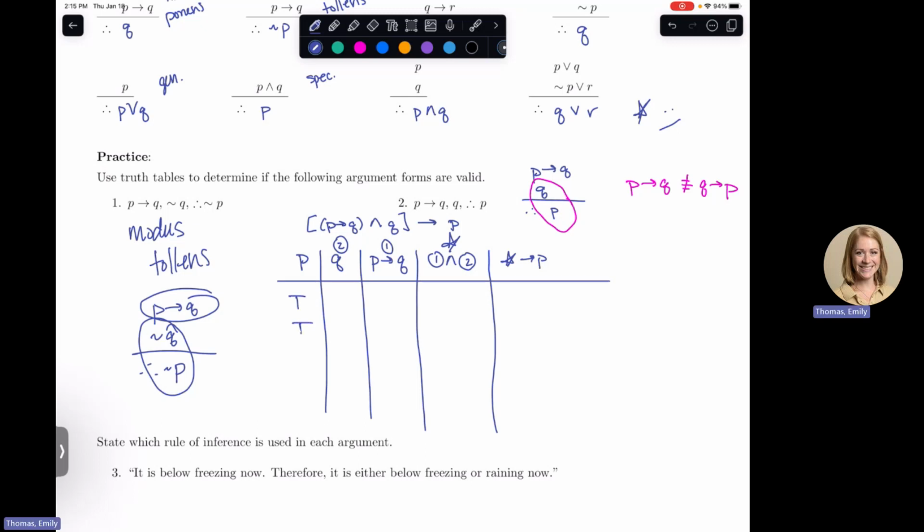All right, so P is true, true, false, false. Q is true, false, true, false. P implies Q: true implies true is good. True implies false is bad. False implies anything is good.